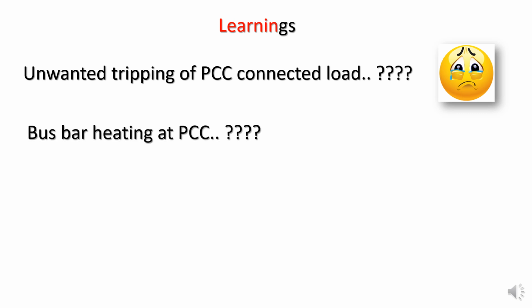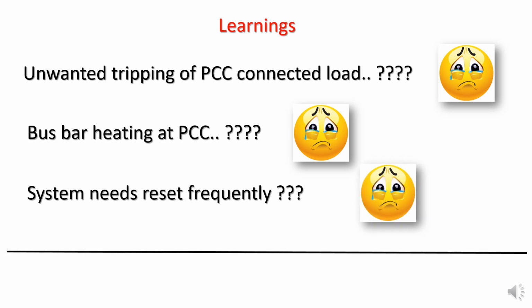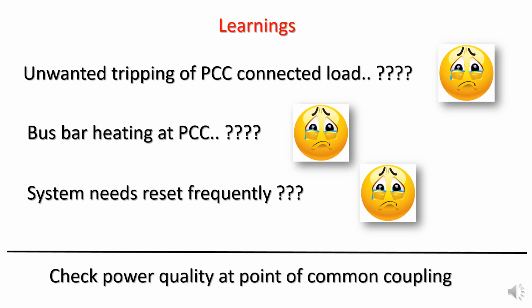This is the busbar heating at the PCC because of the high switching frequency current flowing continuously through the busbar. Abnormal heating will be observed at the joints of the PCC busbar. The system needs frequent resets. You could not find the exact problem, the system runs for a few days, a few months, and again it trips. So these are the additional problems.